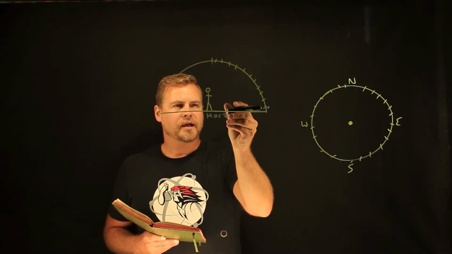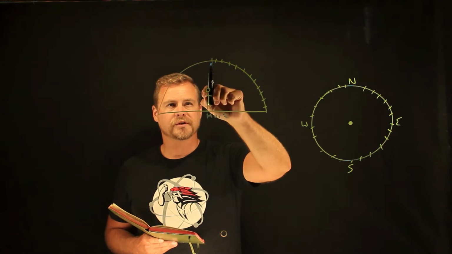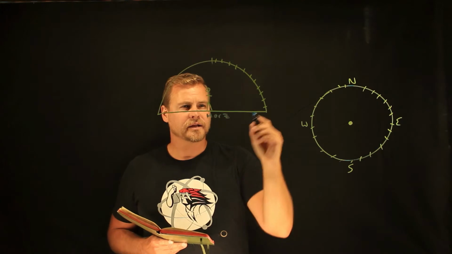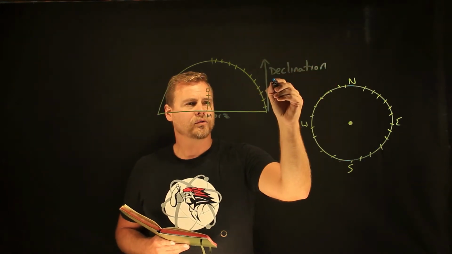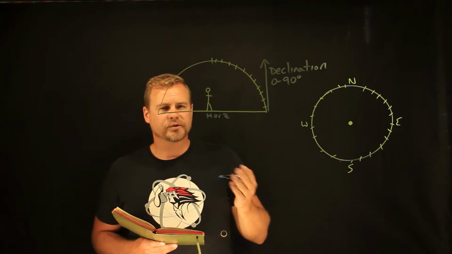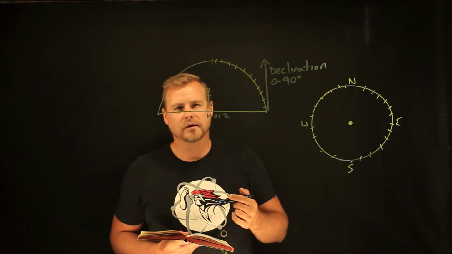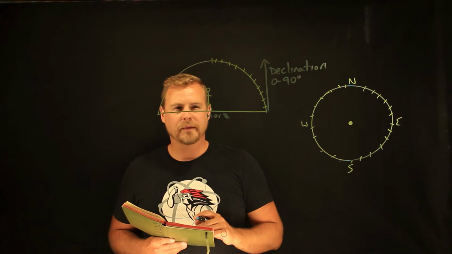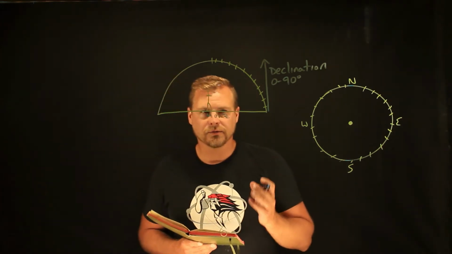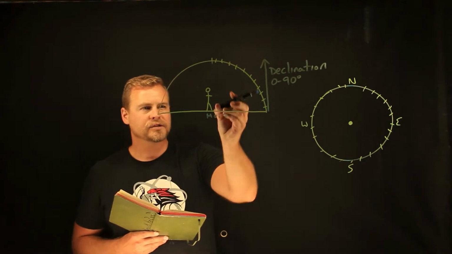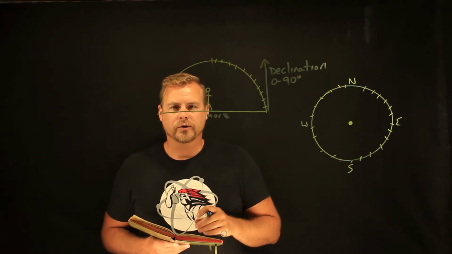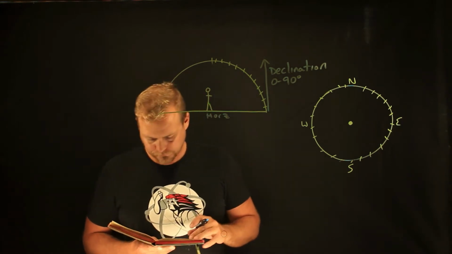And then as you go up to the zenith, you have what's called a declination, and that goes from 0 to 90 degrees, and it helps us understand how high things are in the sky. So if I'm reading a star atlas and it says this star is located with a declination of 17 degrees, you would find 17 degrees from the horizon, and that's where your star or your cluster would be located.